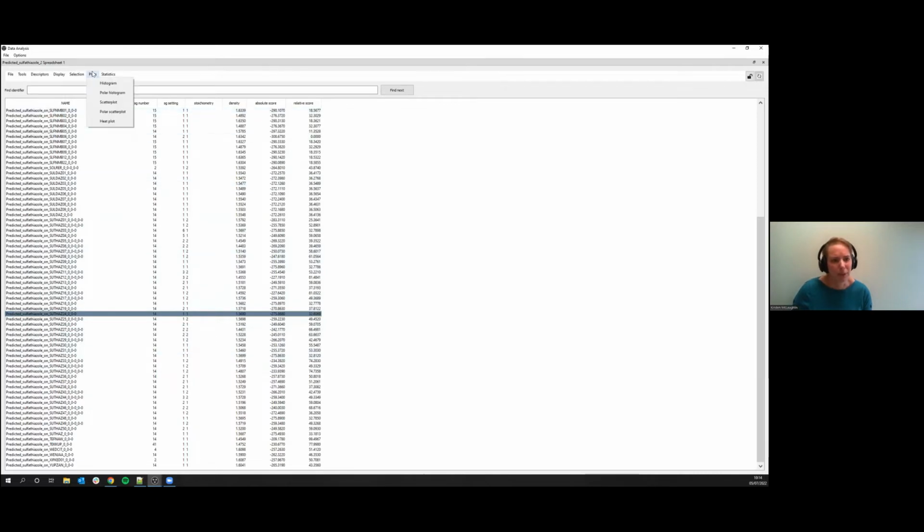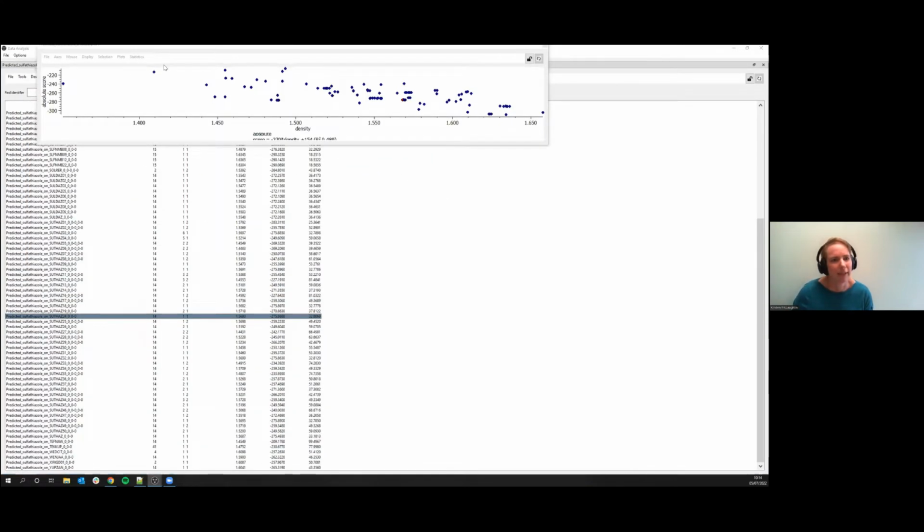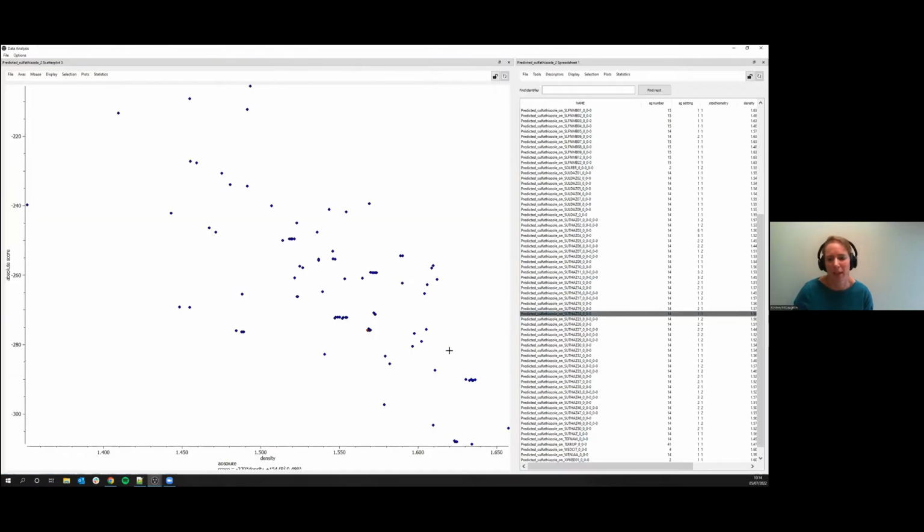We can go in and we can do, for example, a scatter plot looking at density versus that absolute score. And there we go. And you can start seeing here, we have our low energy section, low energy, high density.